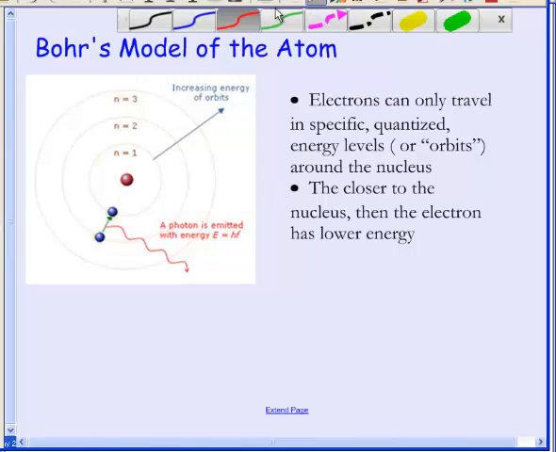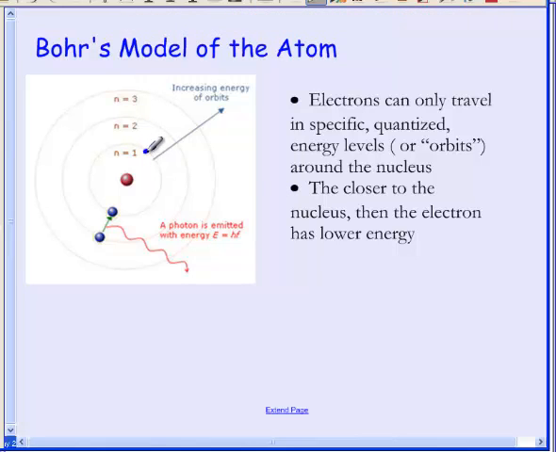Now, if an electron exists at a certain energy level, let's say it normally exists here, it can never exist here in the middle, but it could absorb enough energy where it could get bumped up to the next energy level. And if it did get bumped up to the next energy level, it would fall back down and give off energy in the form of light, because it's giving off energy in the form of photons.